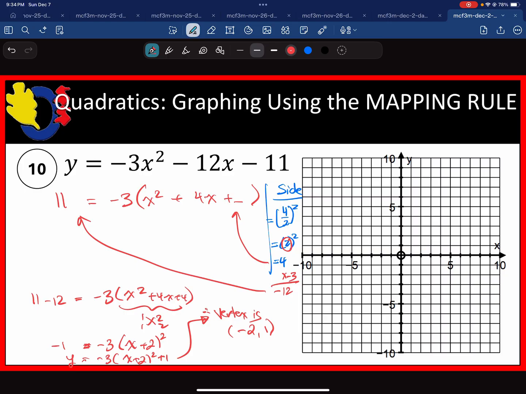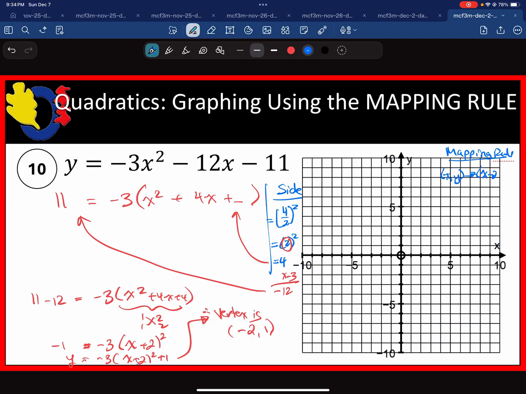Okay, so using the mapping rule, I'm running out of space here. So I have x, y is mapped to x minus 2.